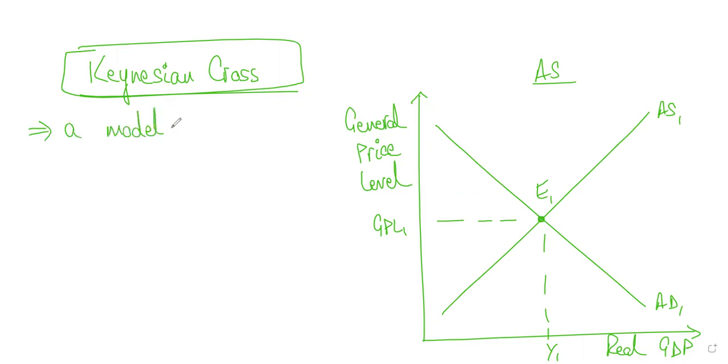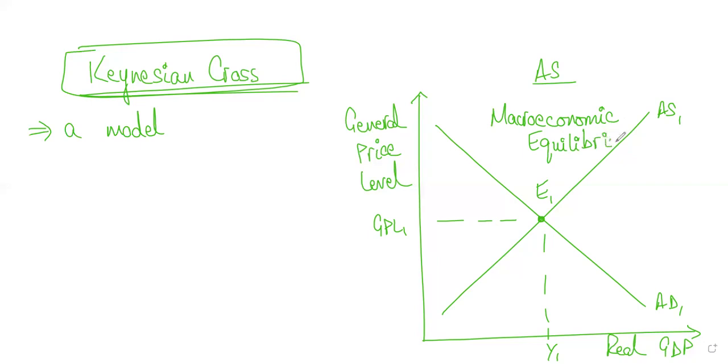We will be doing something similar, predicting the GDP of a country, not real, just nominal GDP, but using a different approach, right? This graph is called macroeconomic equilibrium. The purpose of the two things is the same, but we will predict GDP using the Keynesian cross.